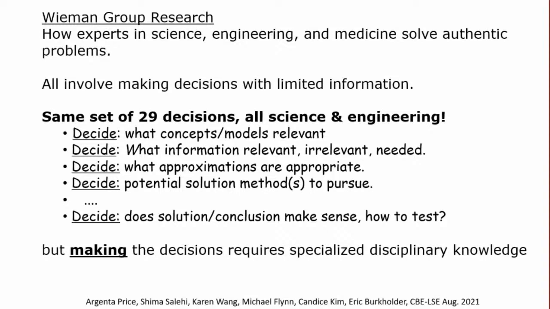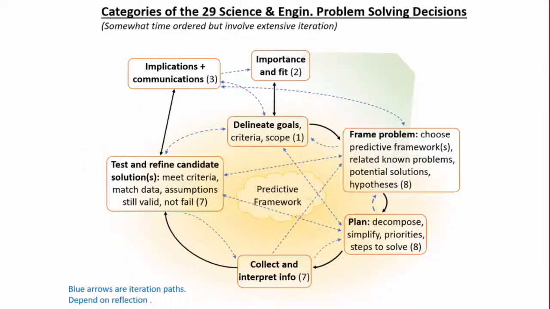And so this part is general across disciplines, but that doesn't mean that you can solve problems in another field, because a test of a good problem solver is how effectively they realize what information can guide them to make these decisions and apply that information well.